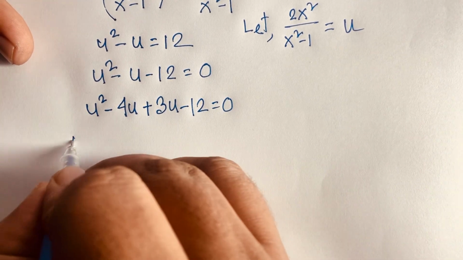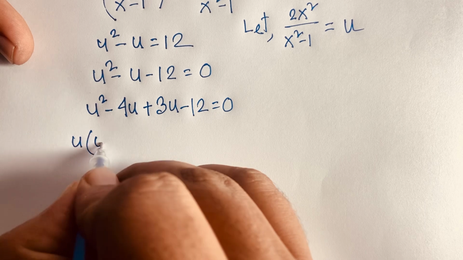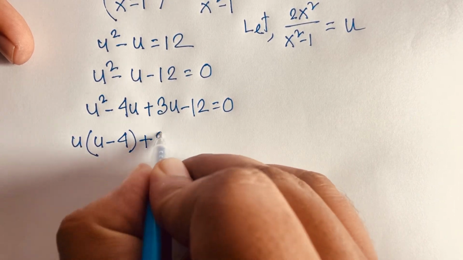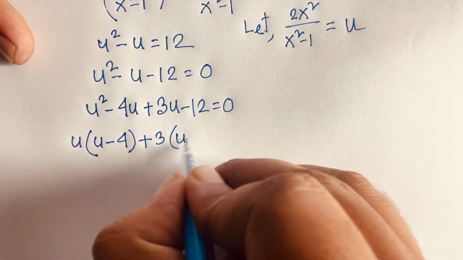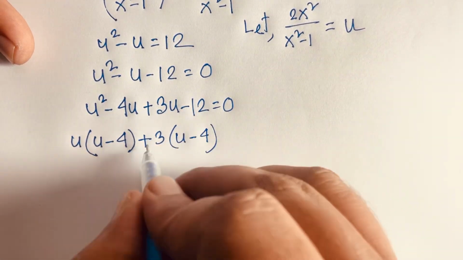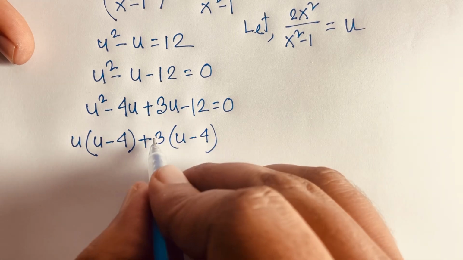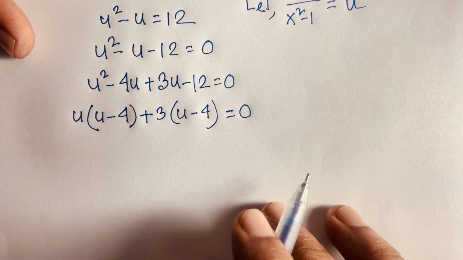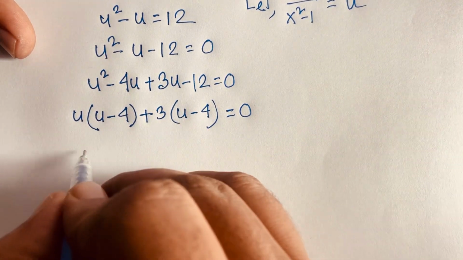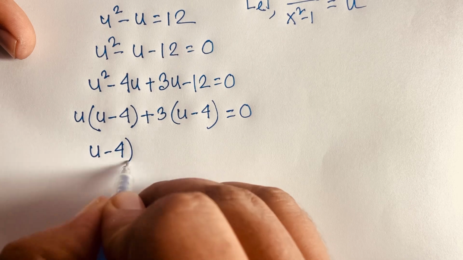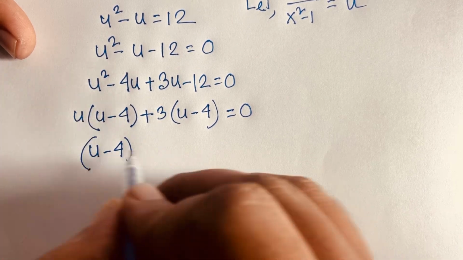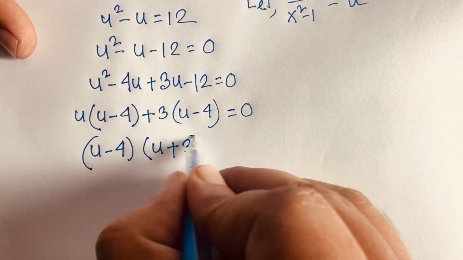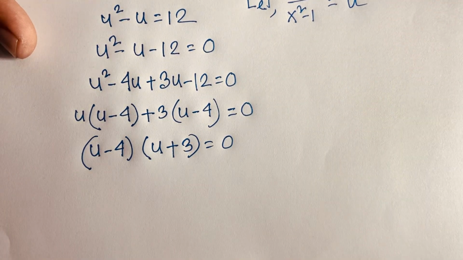At this moment u is common, so u² divided by u is u, minus 4u divided by u is 4, plus, and 3 is common, so it will be u − 4, 12 divided by 3 is 4. Then again u − 4 is common, so this divided by this is u, plus this divided by this is 3, equal to 0.